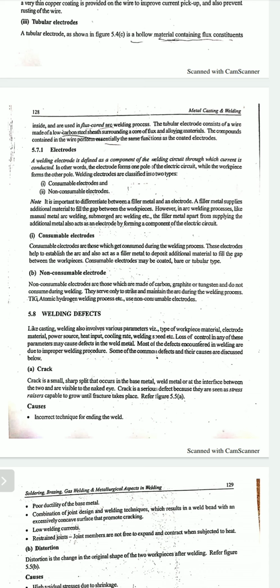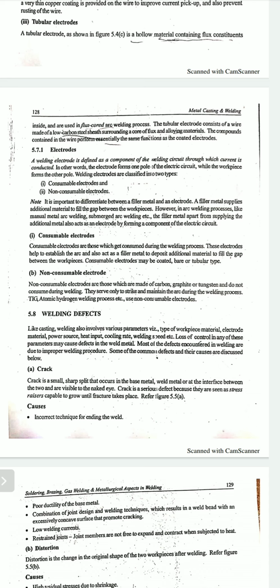However, in arc welding processes like manual metal arc welding and submerged arc welding, the filler metal, besides supplying the additional metal, also acts as an electrode by forming a component of the electrical circuit. Now, consumable electrodes are those which get consumed during the welding process.